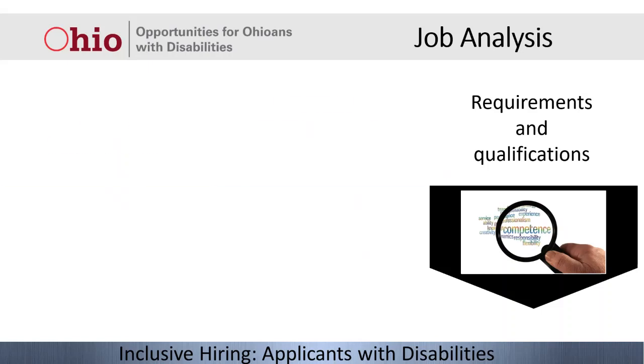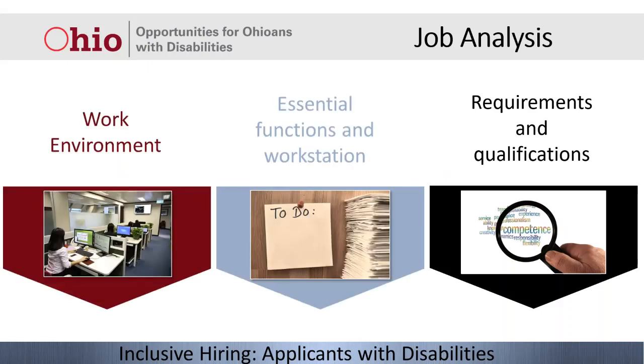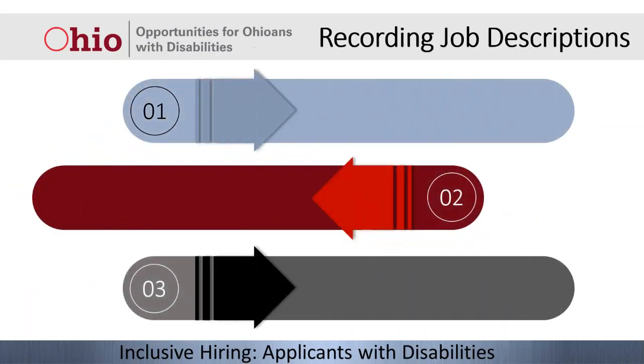The job analysis sounds like a very important process in developing a job description. What guidelines are there for how a job description should be written? Well, we said earlier that job descriptions are used by applicants to determine if they are qualified for the job. An applicant will rely on the description of the job's essential functions to make that decision.